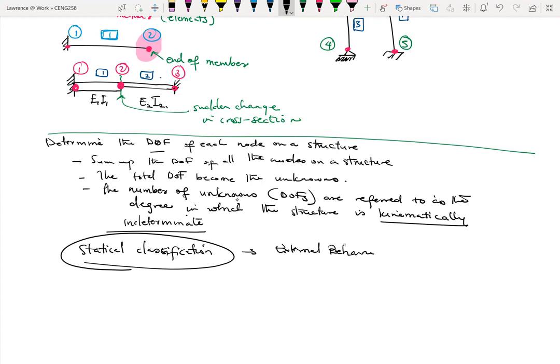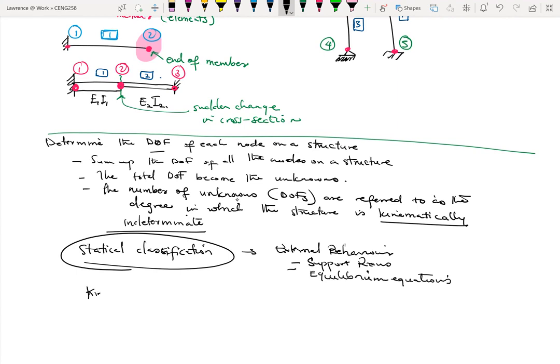Okay, so we're comparing support reactions with equilibrium equations. So this was more of an external response.